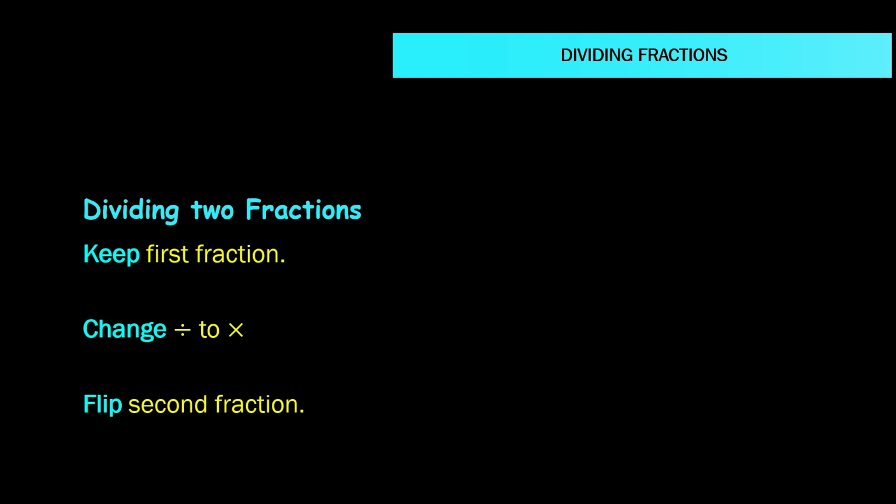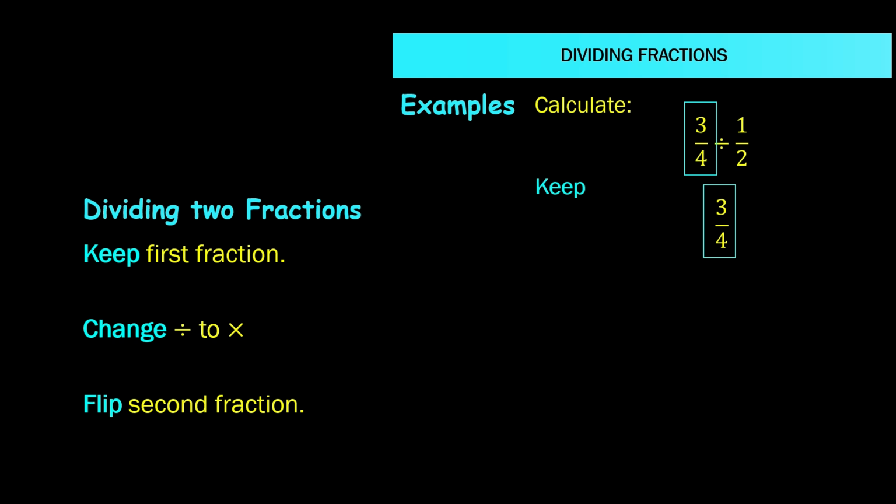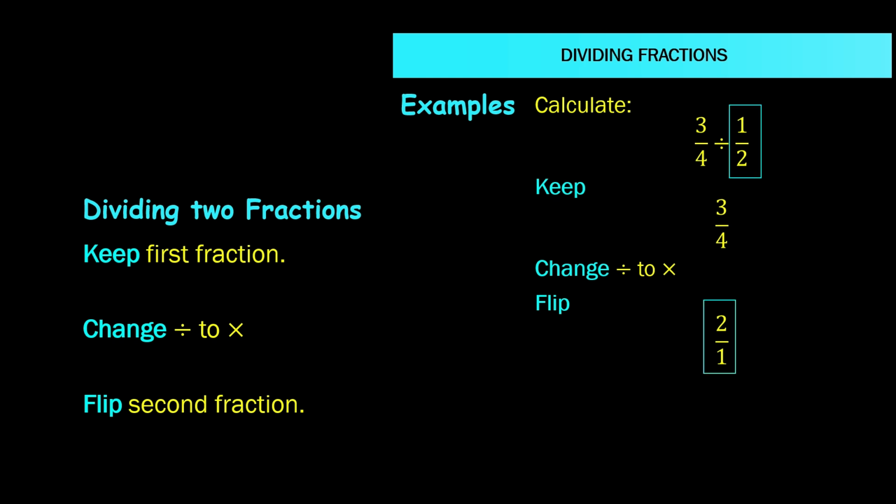Now let's take a look at another example. Suppose we want to calculate 3 over 4 divided by 1 over 2. We keep 3 over 4, we change division into multiplication, and then we flip. The reciprocal of 1 over 2 is 2 over 1. And finally we multiply.